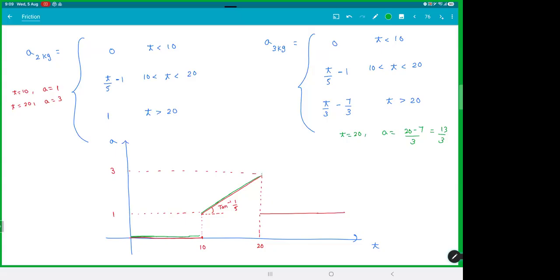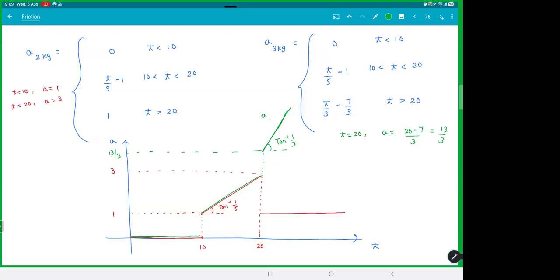So the graph will jump from here. Again, you get a discontinuity. So every time you slip, there's a discontinuity. And the graph becomes even more steep. This will be tan inverse 1 by 3. I should have kept it less steep actually, but okay. This is how the graph looks.